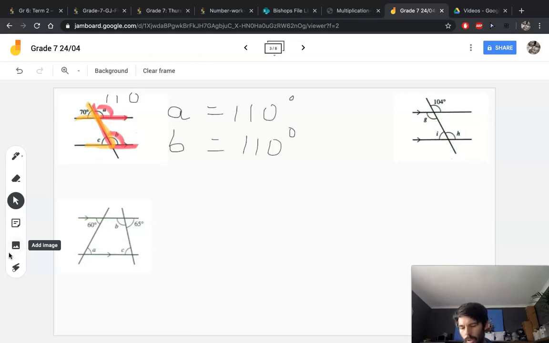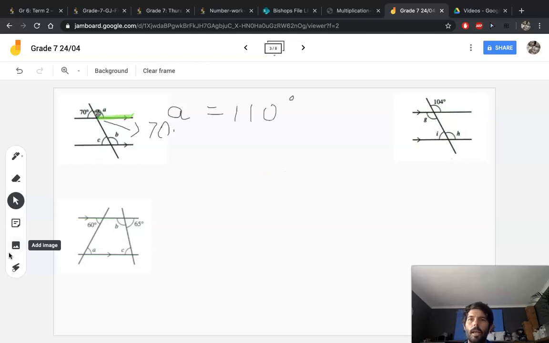Then I know that that angle is equal to 70. Now it's important to notice that there's more than one way of working these angles out. You could have worked out that vertically opposite angles are equal. So you could have said that this angle here was going to be 70 because it's vertically opposite. And then you could have said, oh look, I found some alternate angles.